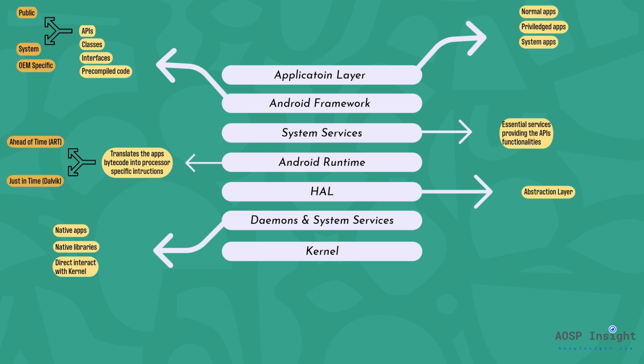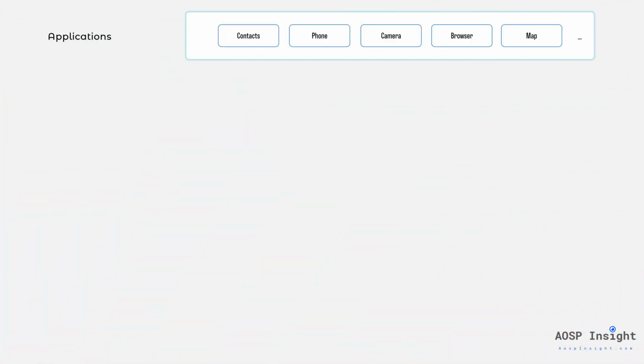I have provided another diagram here with some examples. For example, in the application layer, you can see contacts, phone, camera, browser, or map, and etc., as examples of normal system or privileged applications.